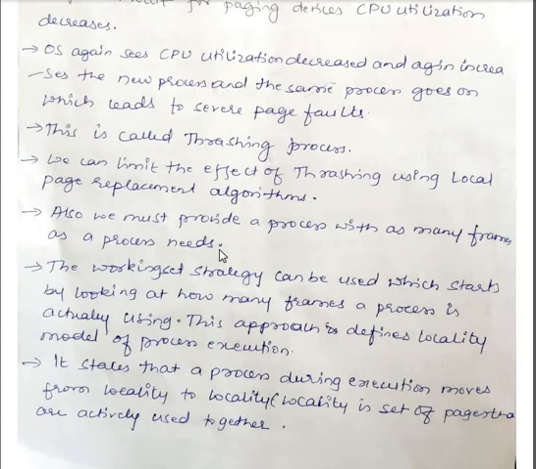Another method is, in the allocation of frames itself, finding the working set of that particular process. What is the working set strategy? Working set means the minimum number of frames which are required to store the active pages of that particular process. That is called the working set strategy.